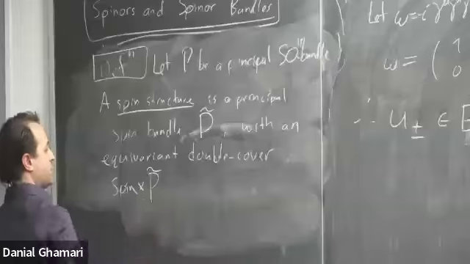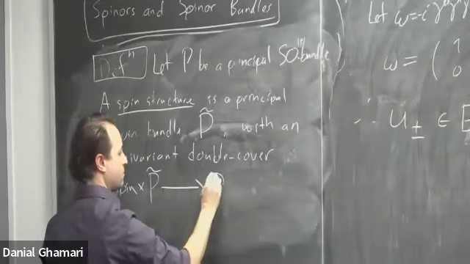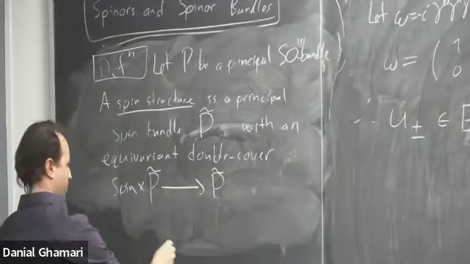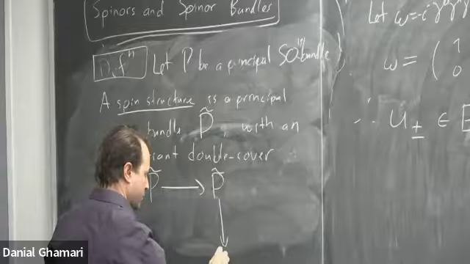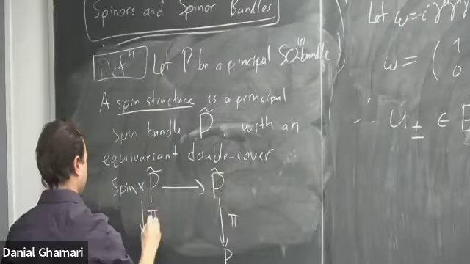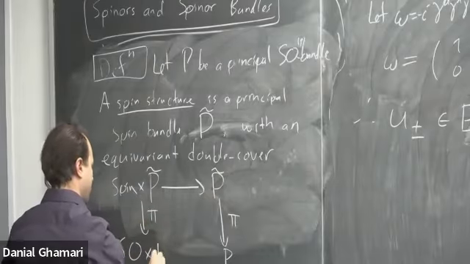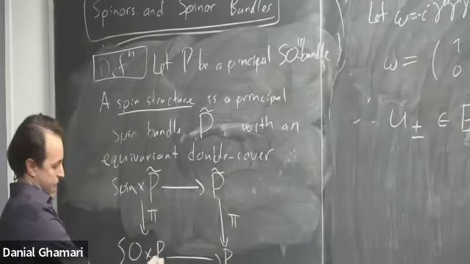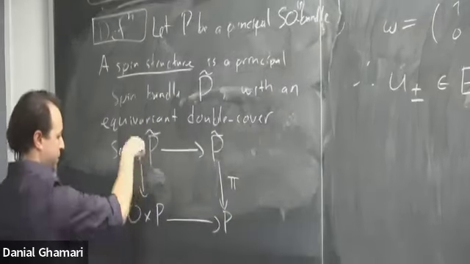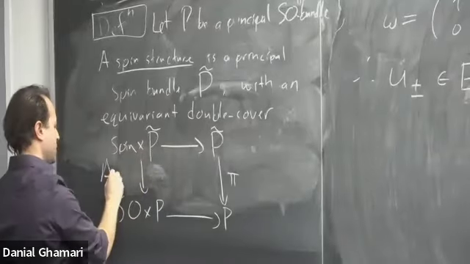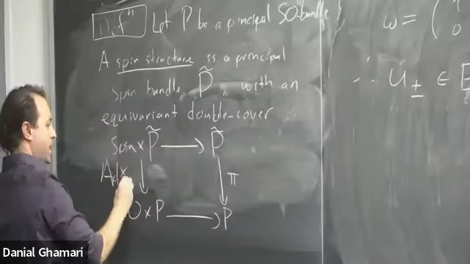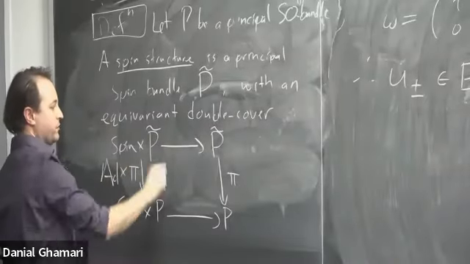Part of that structure means we have an action by spin, and we have a double cover going to P. To be an equivariant double cover, I just mean that if we take our principal SO bundle downstairs and principal spin bundle upstairs, and the projection, spin to SO, the double cover, is compatible with the double cover of our principal bundles.